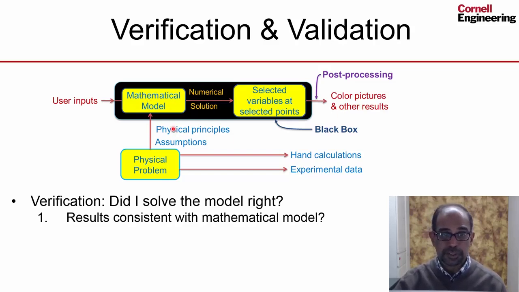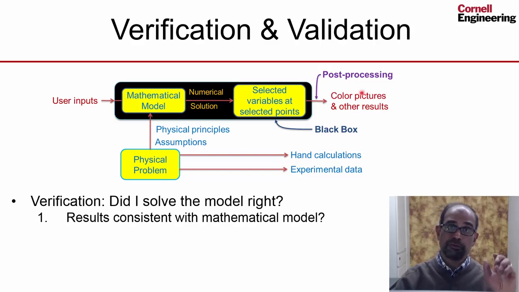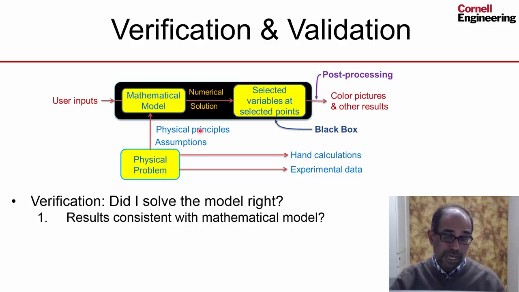The physical principles in the mathematical model, say equilibrium in a structural case, so you check in your results if the structure is in equilibrium to a reasonable level. In a fluid mechanics problem, the physical principle might be conservation of momentum, and so you're checking if momentum is conserved in your results, and so on.